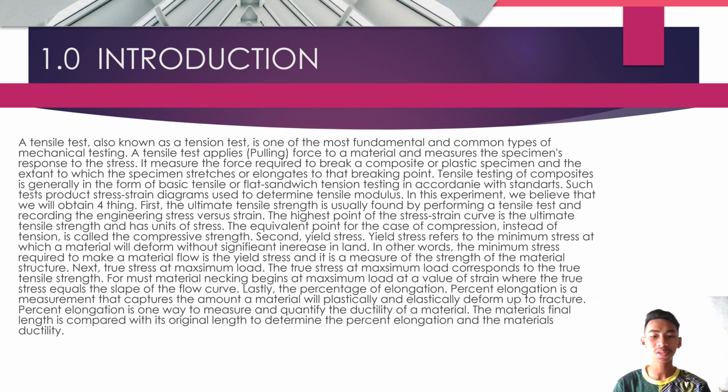Percent elongation is a measurement that captures the amount of stretch and qualifies the utility of the material. The material's final length is compared with its original length to determine the percent elongation and the material utility.